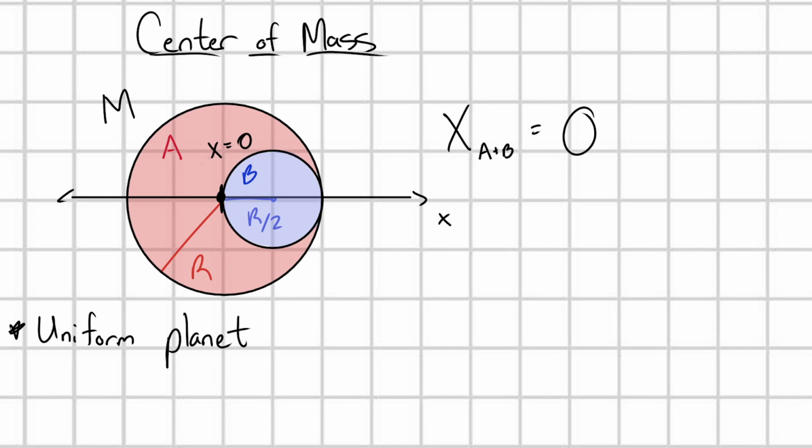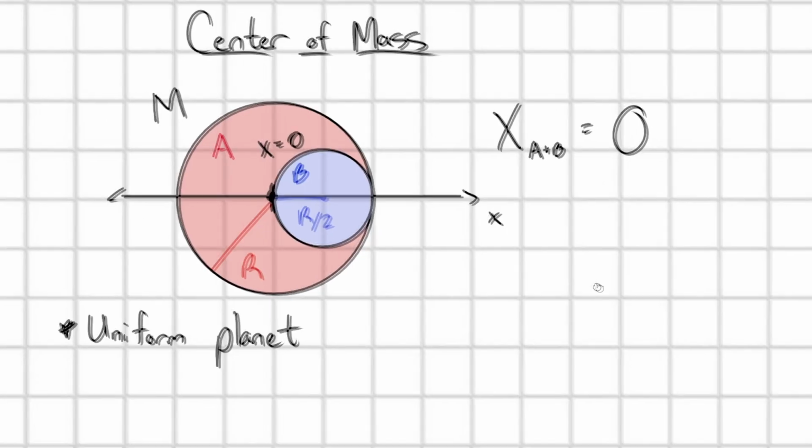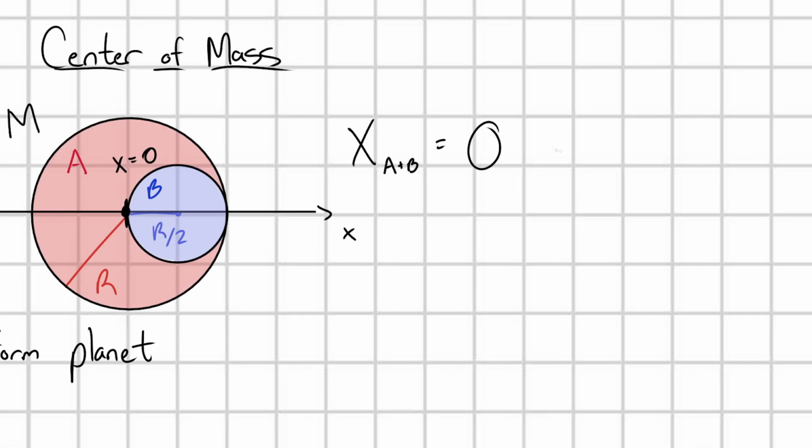But we can also write out the center of mass of this system in terms of the centers of mass of subsystem A and subsystem B, right? We could do that conceptually by taking the mass of subsystem A times its center of mass, XA, plus the mass of subsystem B times its center of mass, XB, divided by the total mass of our system, which we're just calling capital M, right?